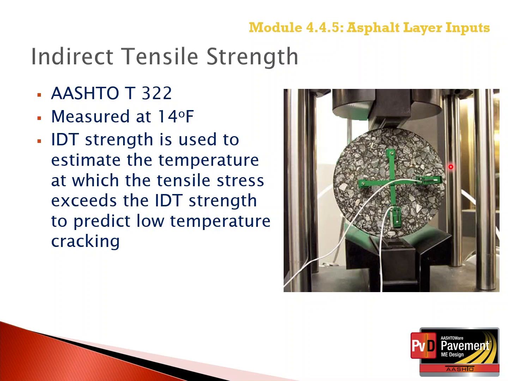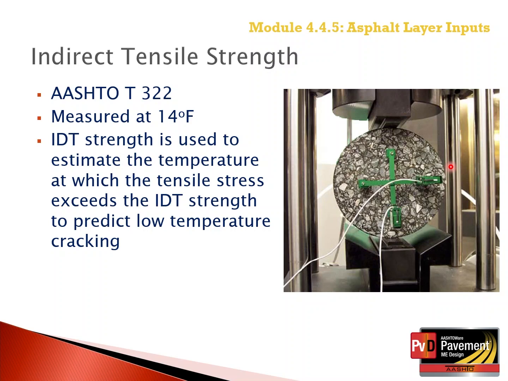As summarized in a previous slide, the indirect tensile strength is calculated from the asphalt grade designation and volumetric properties for input level 3. The indirect tensile strength is used to compare the tensile stresses computed at the surface when the temperature decreases to determine if a crack is going to initiate.